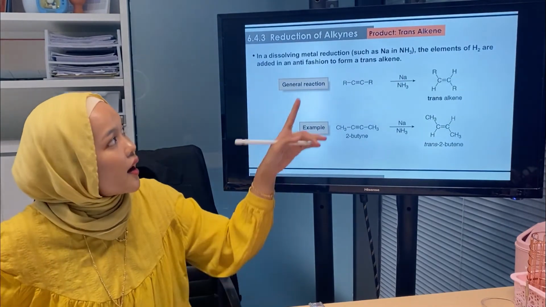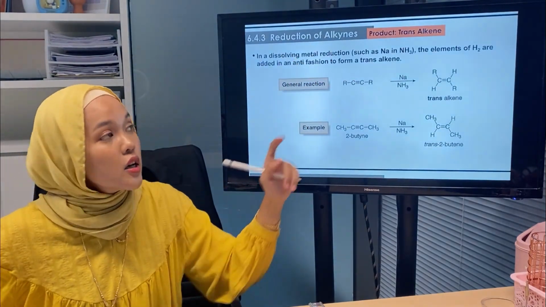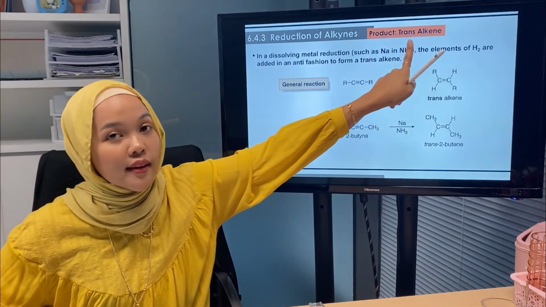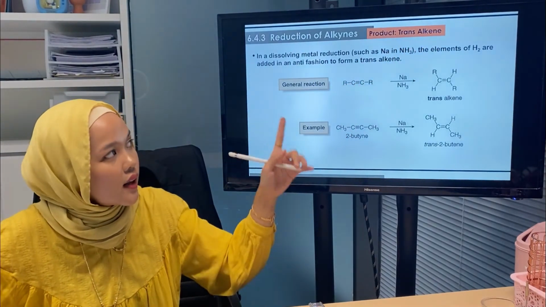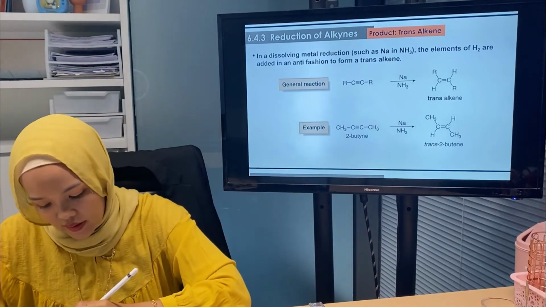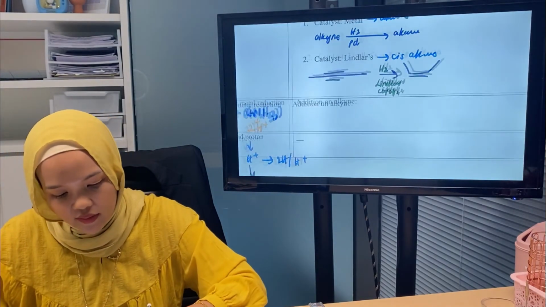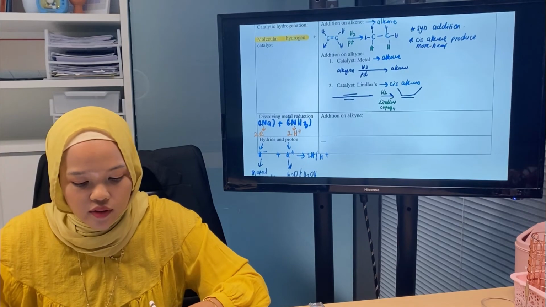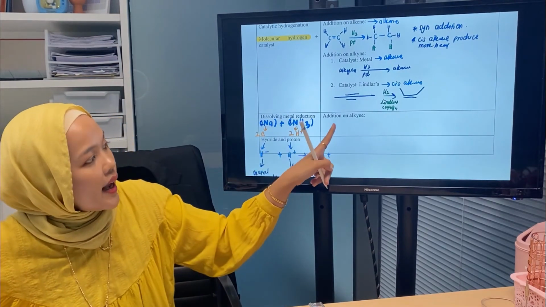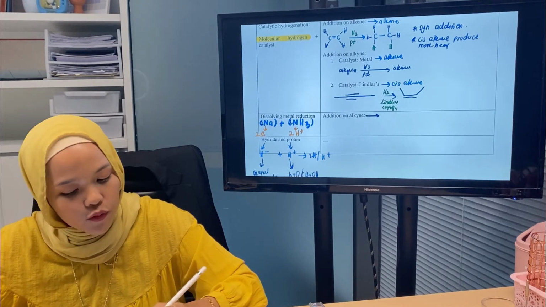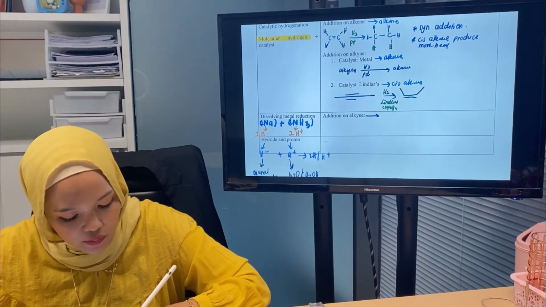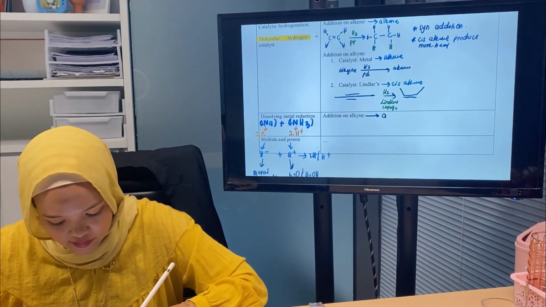Next is reduction of alkyne, but you want to produce trans-alkene. So if you want to produce trans-alkene, you need to use this reducing agent. So addition on alkyne: from alkyne, if you use metal reduction, you will get a trans-alkene.